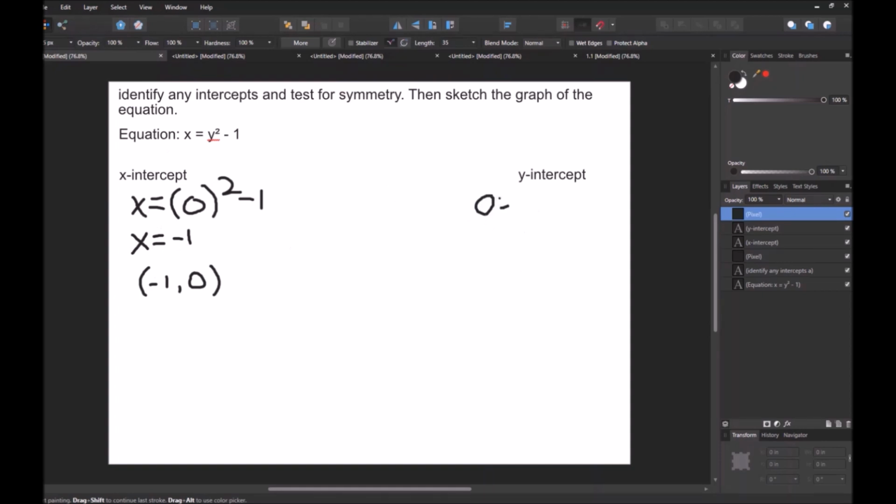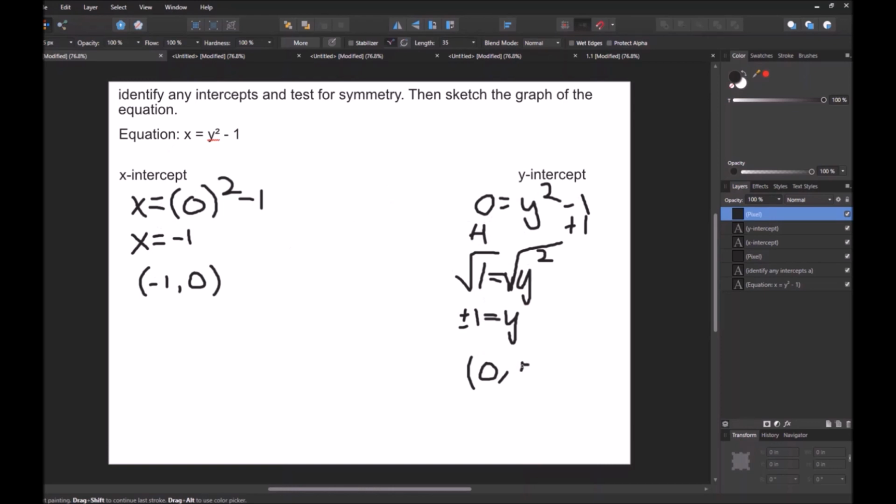So we're going to have 0 equals y squared minus 1, and we're going to add 1 to both sides, which leaves us with 1 equals y squared. And then we're going to take the square root in order to undo the squared. And the square root of 1 is just plus or minus 1. Meaning that our y-intercept is 0, plus or minus 1.